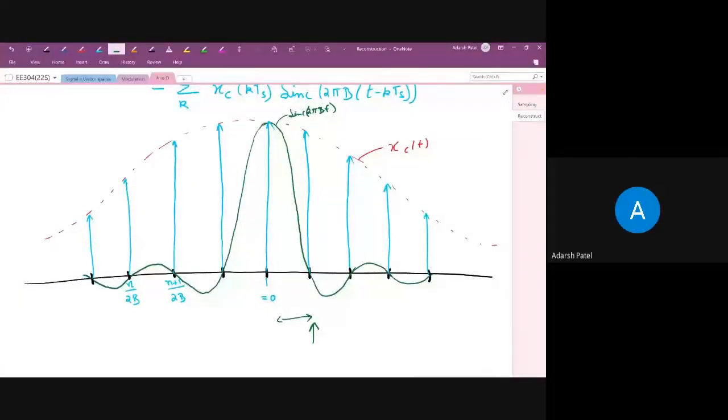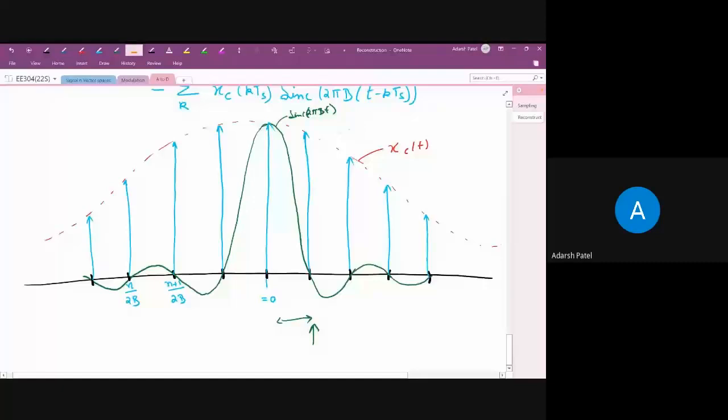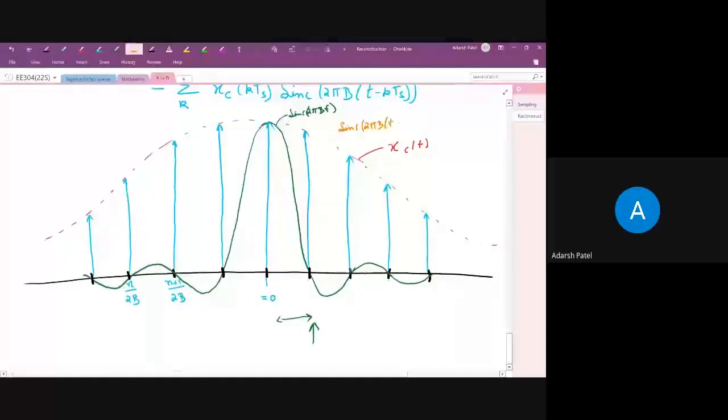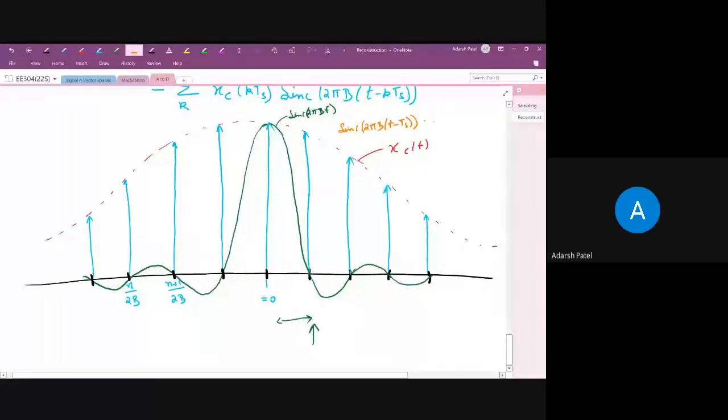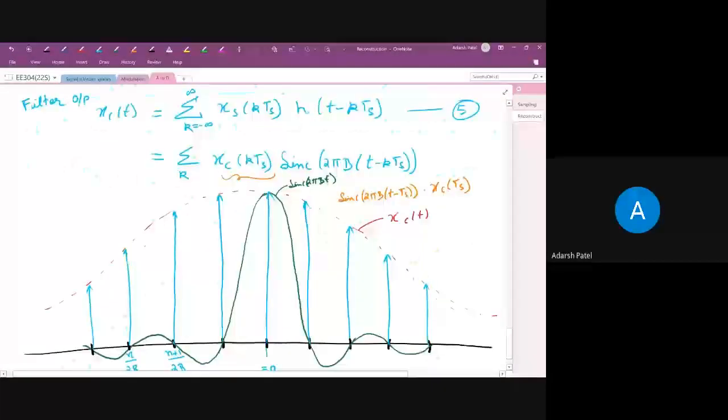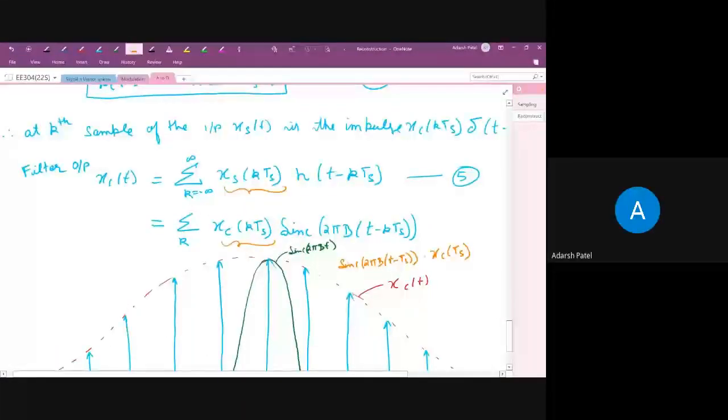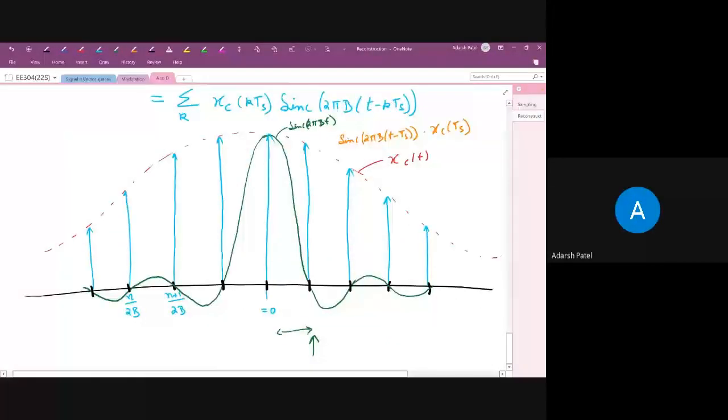Now I'm going to draw another sinc which is shifted by t minus Ts, and then this has to be multiplied by what? This is multiplied by x(Ts), or x(kTs) in here, this value. It doesn't change anything. So the sinc function is going to have the maximum amplitude of this value, and again shifted by Ts.